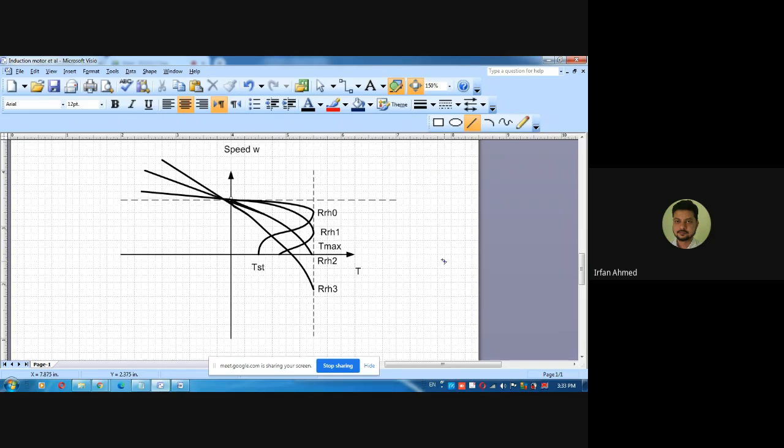Any questions? So we can only brake till this point. We cannot brake below this speed. This braking is useful only when you have a load that can cause the motor to run at a speed above the synchronous speed.